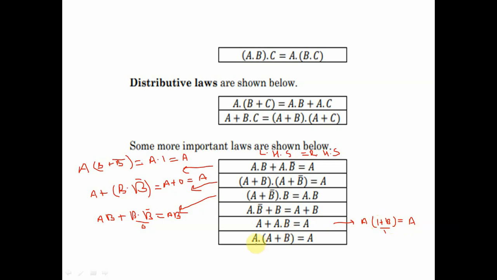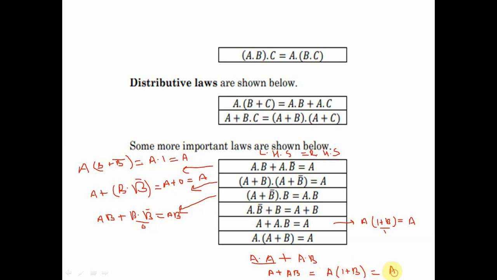Now this one is the last term. Here A multiplies with A, so the answer is A into A plus A into B. Now A into A is nothing but A, plus A into B. Now which term is common? A is common, and the remaining term is 1 plus B. 1 plus B is nothing but 1.